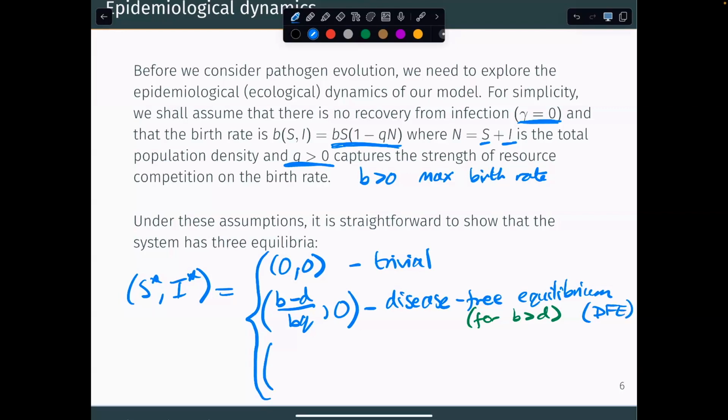Then finally, there is a slightly more complicated equilibrium with both our host and pathogen present. This is (alpha plus D) over beta for our susceptible class. That's not too bad. It's a little bit messier for our infected class: (B minus D), all in brackets, times beta, minus BQ times brackets (D plus alpha), all over beta times (beta plus BQ).